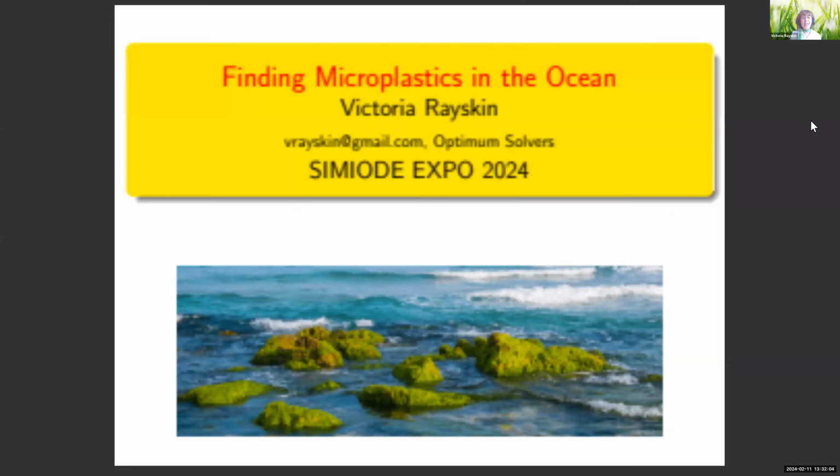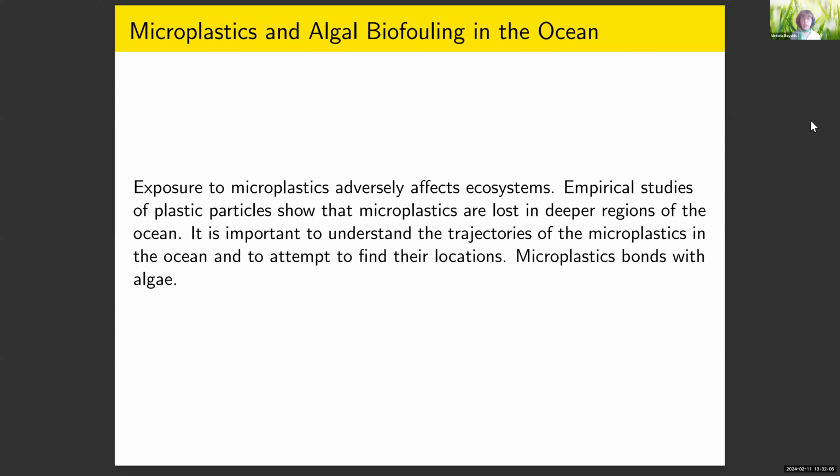Okay. So the project is based on real observations of oceanographers, real data parameters, and the results, the ideas were published in oceanographic journals. As we know, the world ocean is polluted with microplastics, and oceanographers observed that the particles submerged in the water are getting broken into very small components.